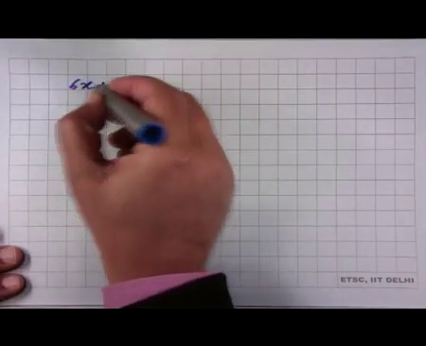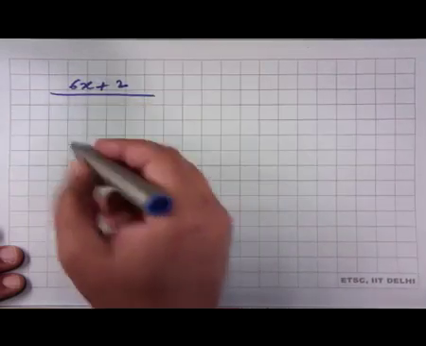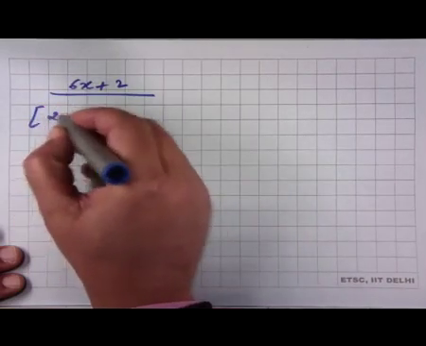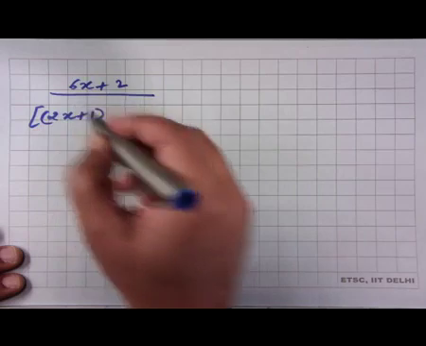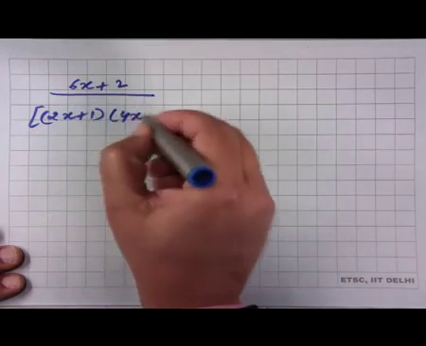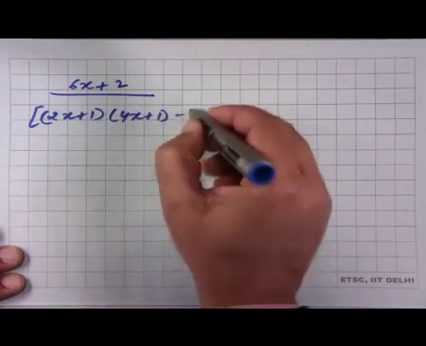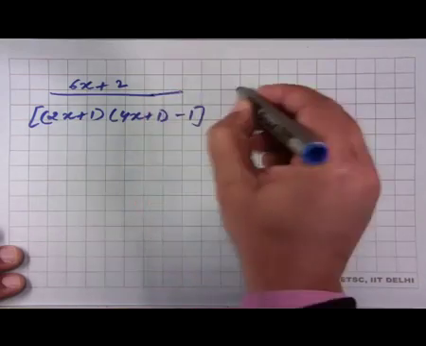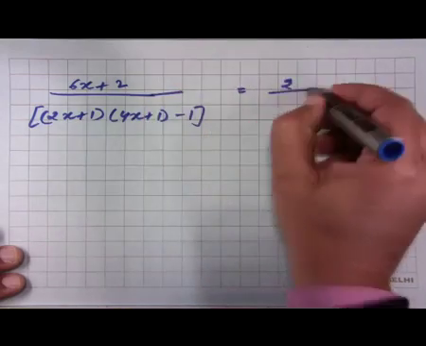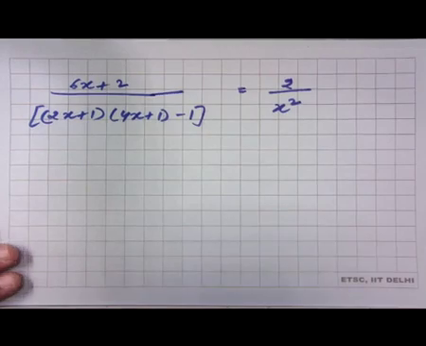That is, 6x plus 2 over 2x plus 1 times 4x plus 1 minus 1 equals 2 over x square.